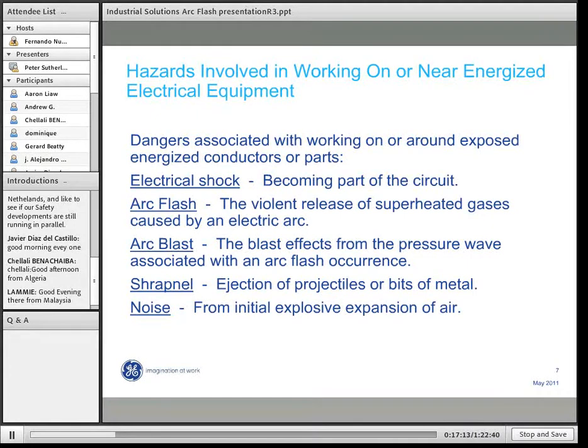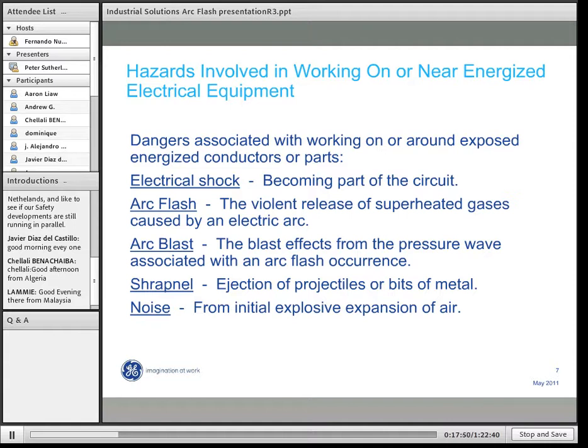So for higher levels of arc flash protection, the protective clothing actually is padded and may contain bulletproof type material to protect you against that. And then of course there is the noise from the expansion of the air, which will also be a substantial hazard, as I mentioned.